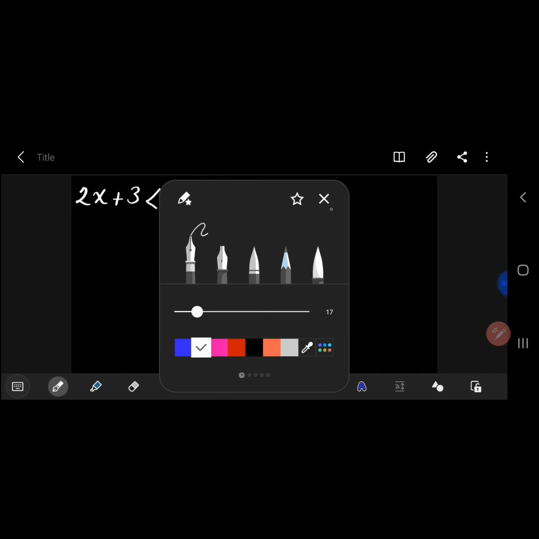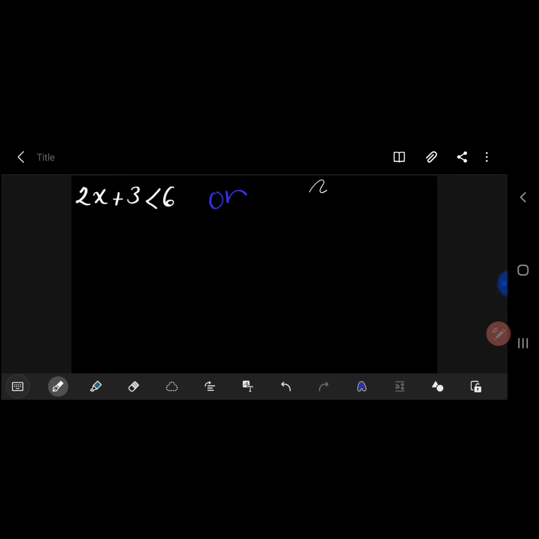If I have the word "or", for example, we will take 2x plus 3 smaller than 6 or 5x plus 11 smaller than 1.